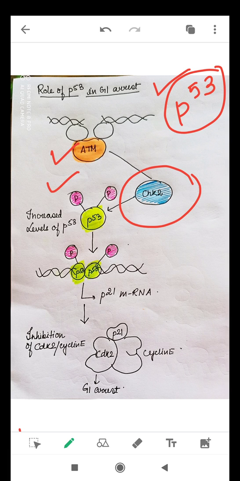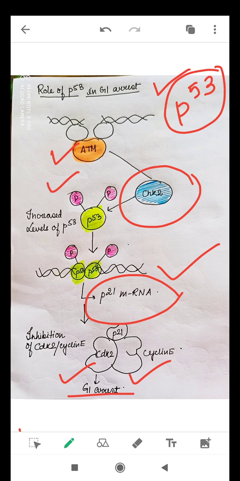So P53, which was once inactive, will now get activated, and more P53 will get phosphorylated. Once phosphorylated, P53 will activate P21. This is another tumor suppressor. So P53 indirectly activates P21. And then P21 will bind with CDK2 and cyclin E, inhibiting CDK2 and cyclin E, forming that inactive complex which we have discussed previously, resulting in G1 arrest.